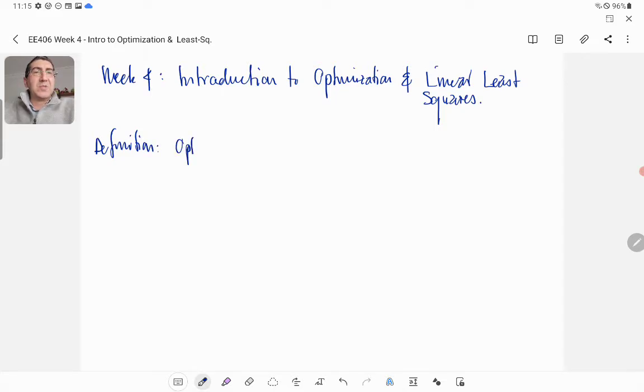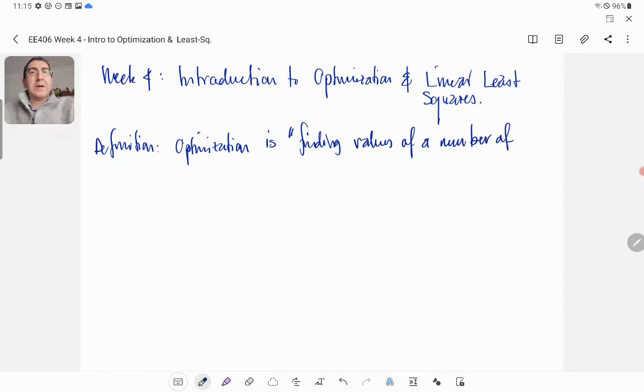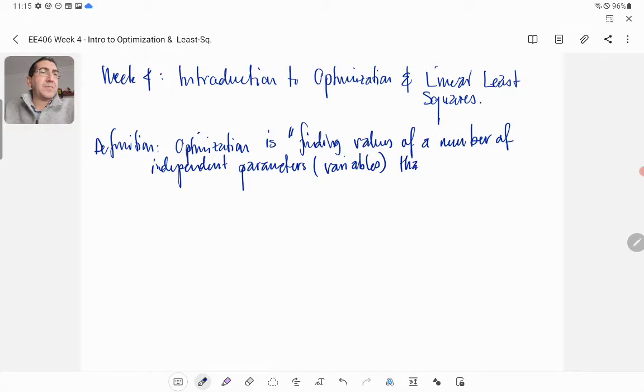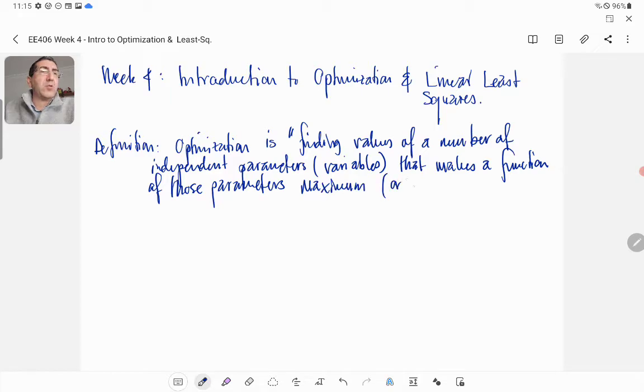Essentially, optimization is about finding values of a number of independent parameters or variables that makes a function of those variables, a function of those parameters, maximum or equivalently minimum.